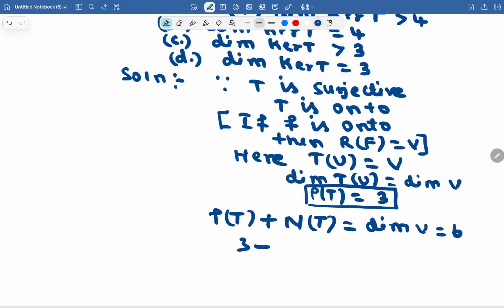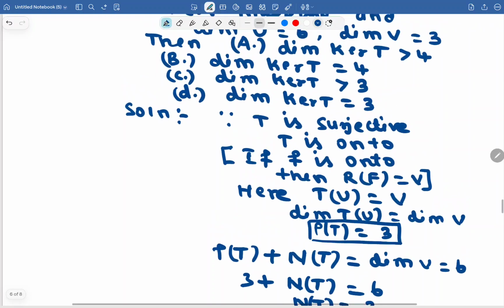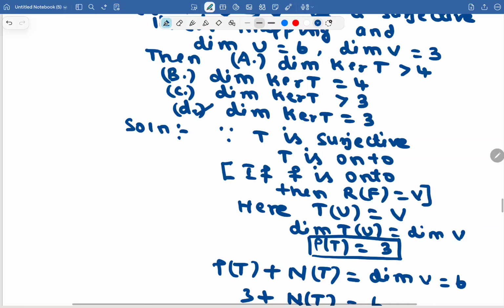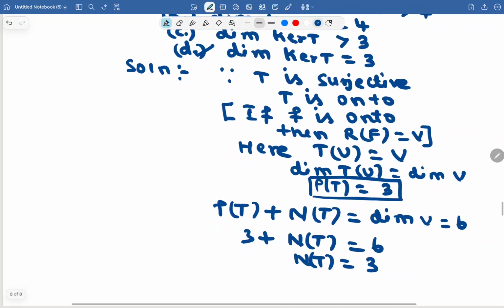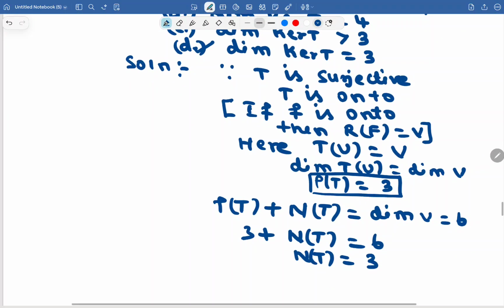Rank of T is 3, so 3 plus nullity of T equals 6. Nullity of T equals 3. Nullity of T is 3 means dimension of kernel of T is 3. For this problem, option D is the correct option.